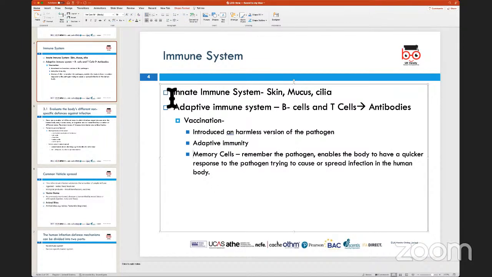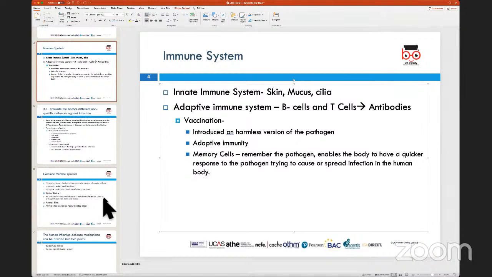So these are the two kinds of immune systems: innate, physical barriers preventing pathogens from causing infection, something that you're born with, and adaptive, when the pathogen has entered your body, and the body then produces various kinds of biological and chemical reactions to control the spread of virus and minimize the spread of infection. That is adaptive immunity.